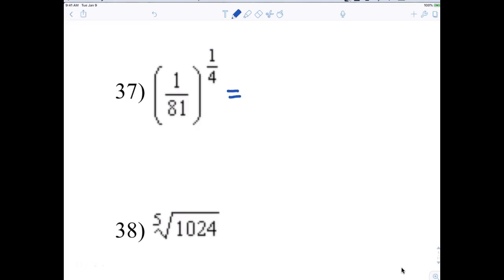It's okay. Parentheses on your calculator. 1 divided by 81, close parentheses, caret, parentheses, 1 divided by 4. Now, you don't need the 1/4 in parentheses if your calculator puts it in the exponent.